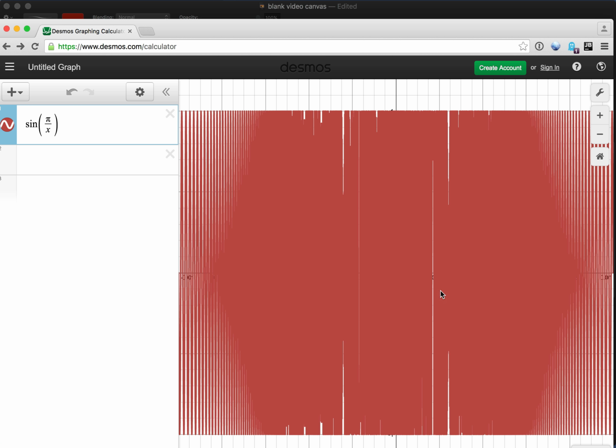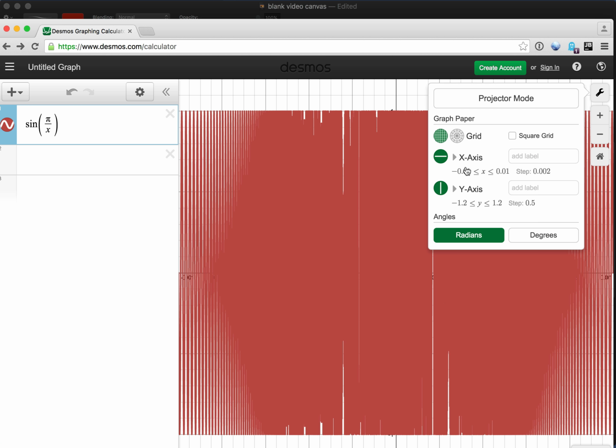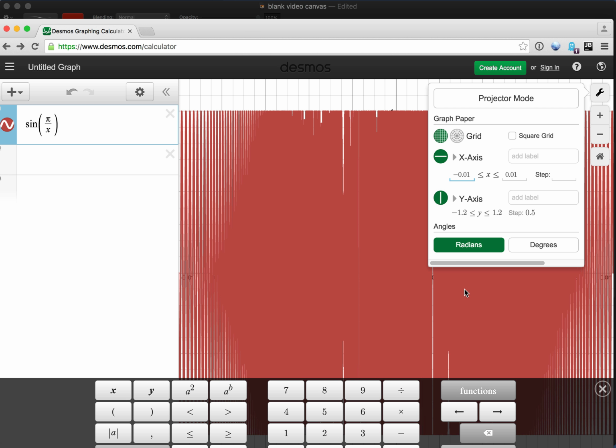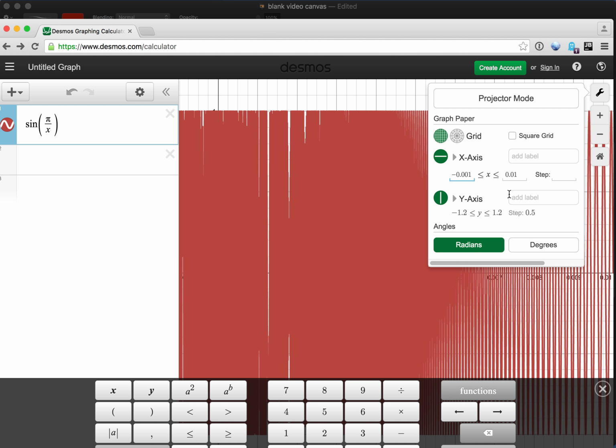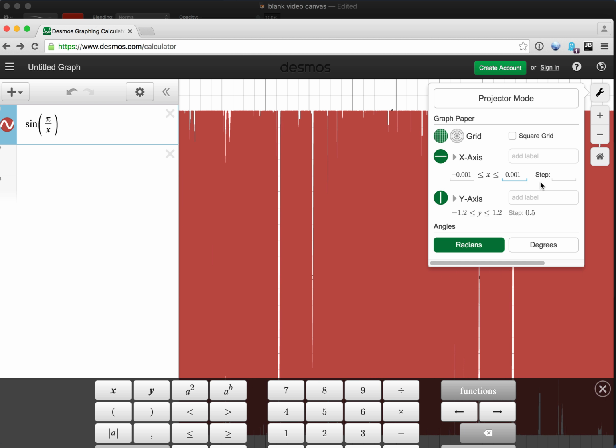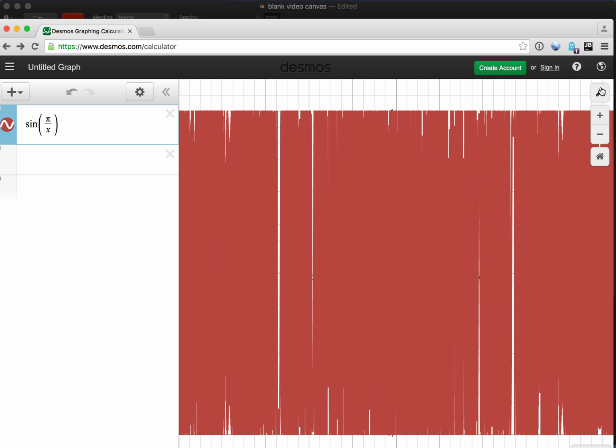That's way better, right? Okay, well let's say I want to get closer even. 0.001. So that's closer. That's even better, right? I can get an even better picture of what's going on.